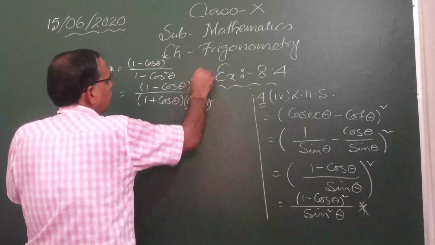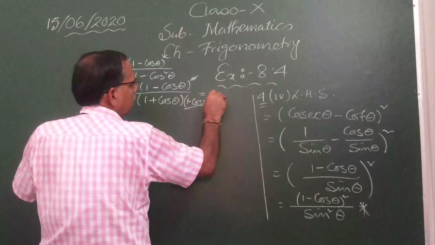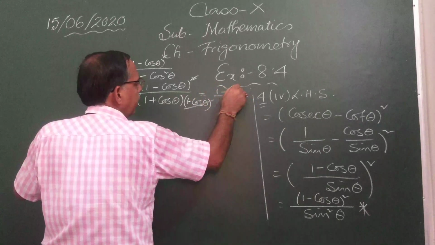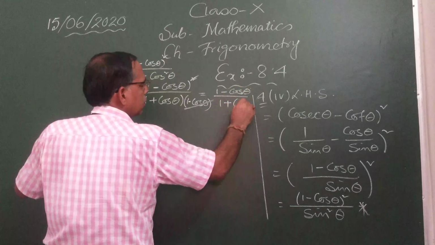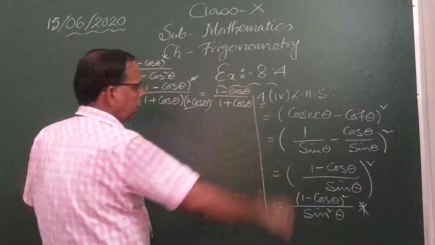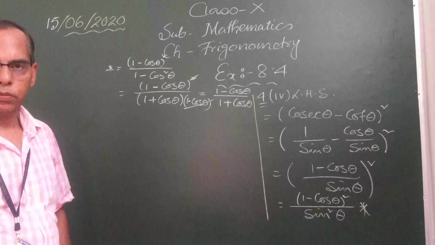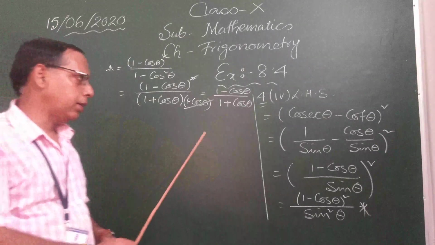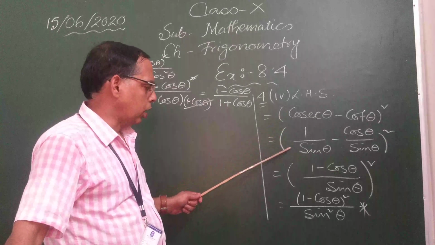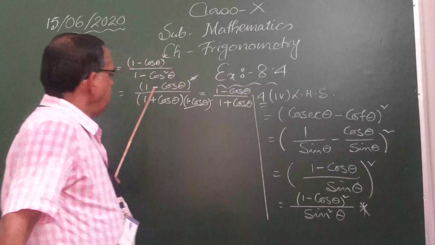So one factor cancels, and ultimately 1 minus cos theta divided by 1 plus cos theta. This is the RHS. Now please count the number of steps other than the LHS: 1, 2, 3, 4, 5, 6.